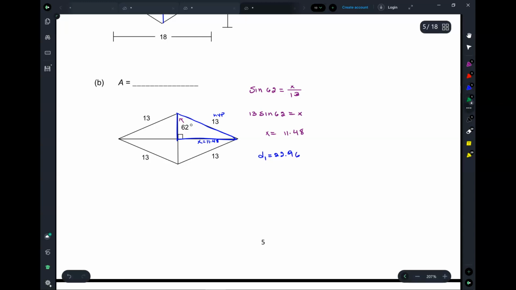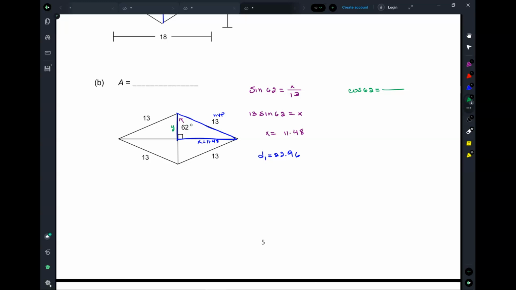Okay, now this one is y. Okay, and I'm going to do cosine for that one because if the 13 is the hypotenuse, that's the adjacent. So cosine of 62 is what over what? What do you guys think?